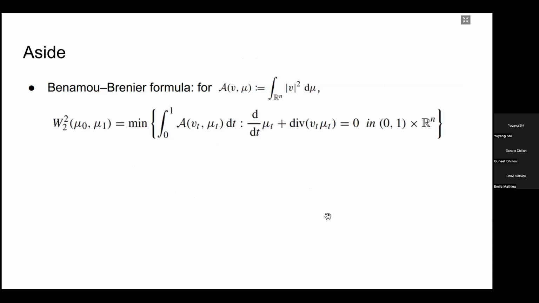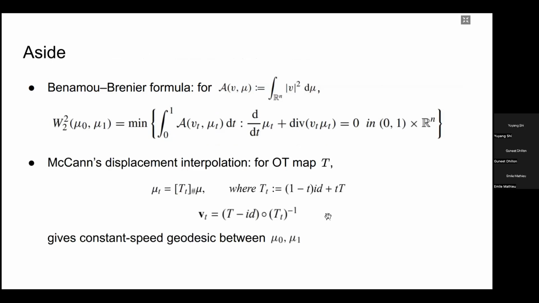As an aside, this is not in the paper, but very related: say we want to compute the Wasserstein 2 distance between two measures mu_0 and mu_1.